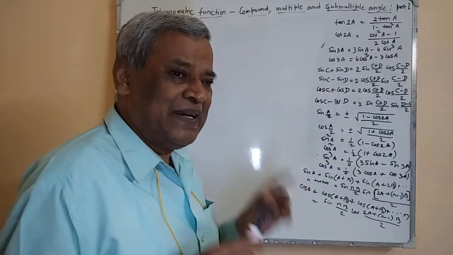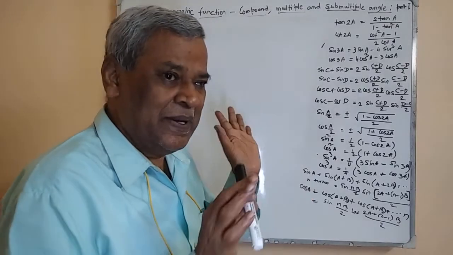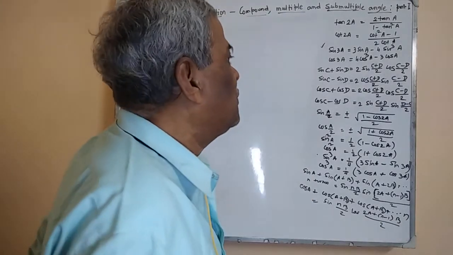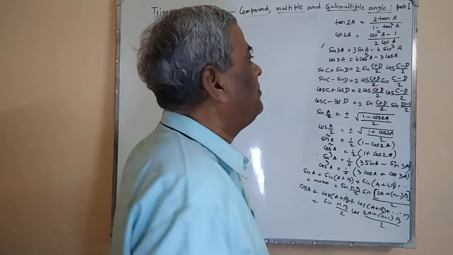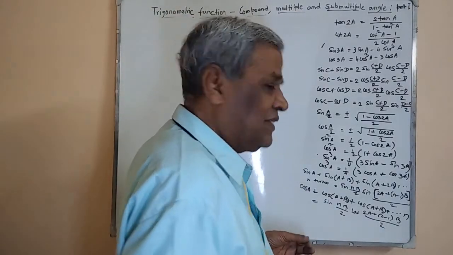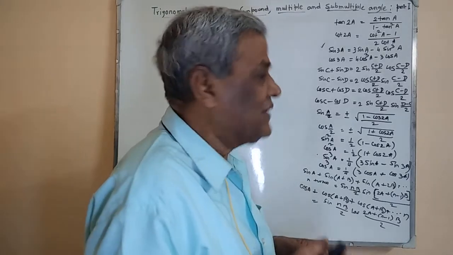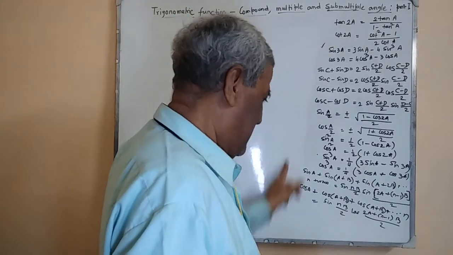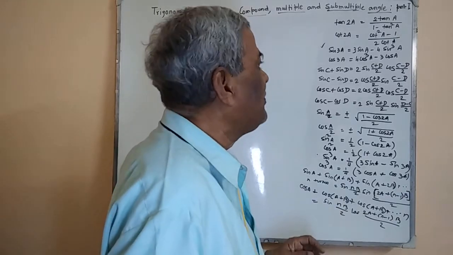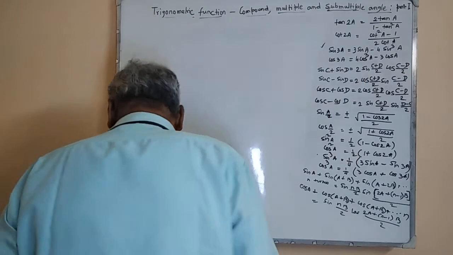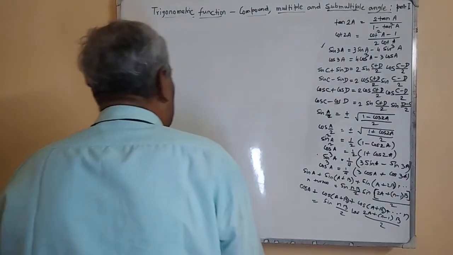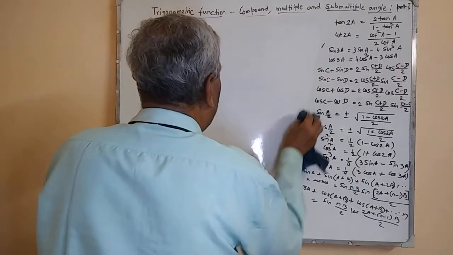Success of this chapter depends on your memory, in fact. So I write some of them which are a little bit confusing. Here you try to keep in mind all these things. That will be helpful for you for solving problems.